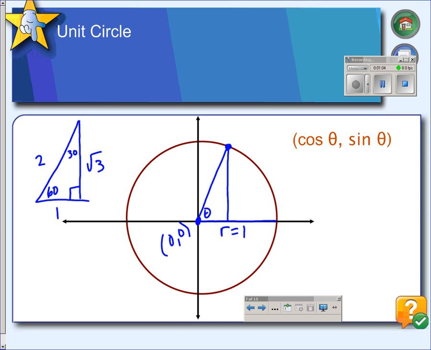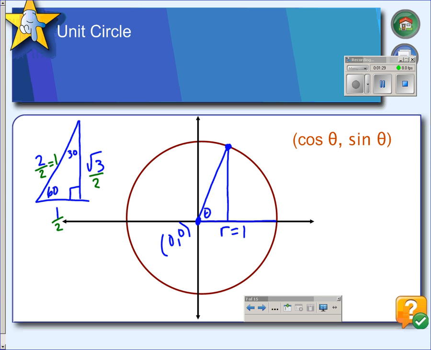In our unit circle, though, the hypotenuse is always 1 because the radius of the circle is 1, and the radius will always be the hypotenuse. So if we change our 30, 60, 90 here so the hypotenuse is 1, we'd have to divide by 2. In order to keep the ratios the same, we'd divide all the sides by 2.